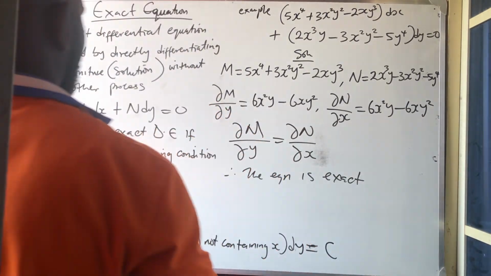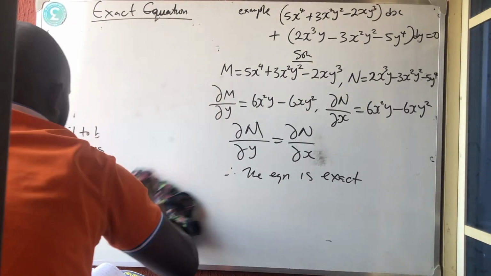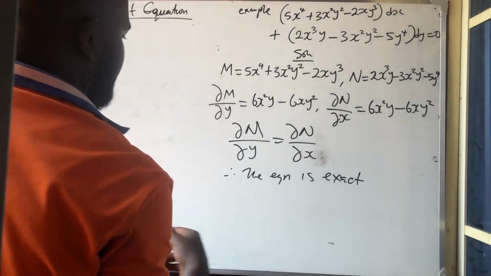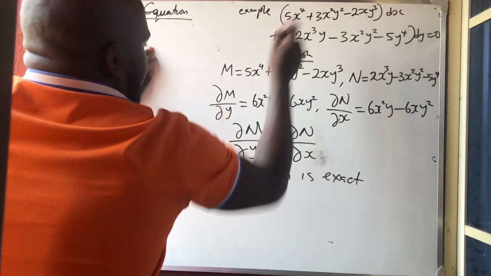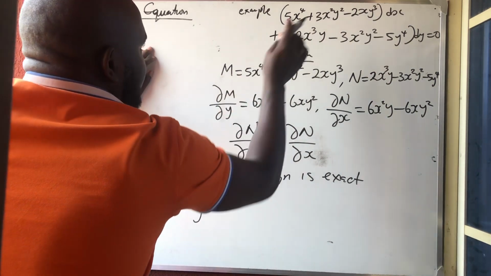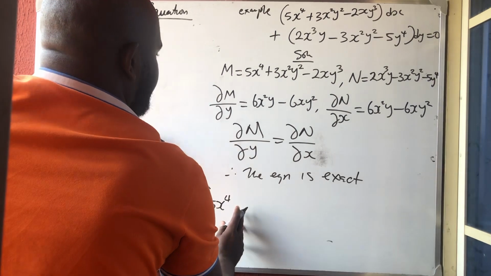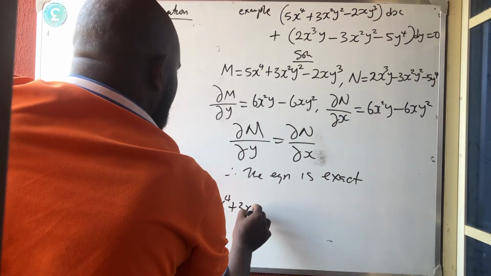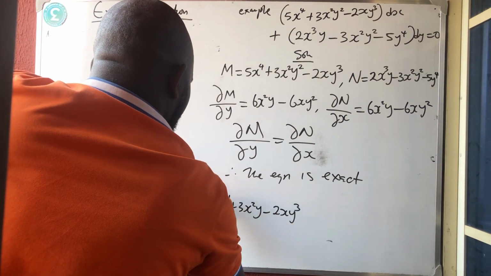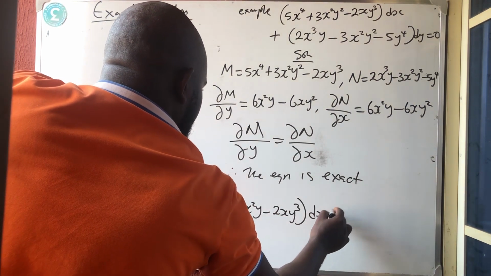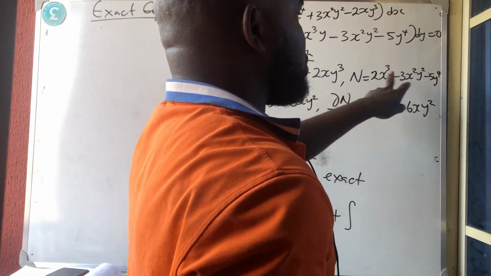So since it is exact, look at how to get the solution. This one I did was just to check if it is exact. You get the solution here: the integral of my M, which is 5x raised to the power 4 plus 3x squared y minus 2xy cubed, all dx, plus the integral of, for N, only the term that does not contain x.